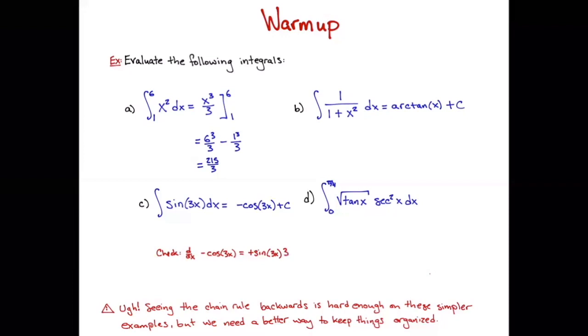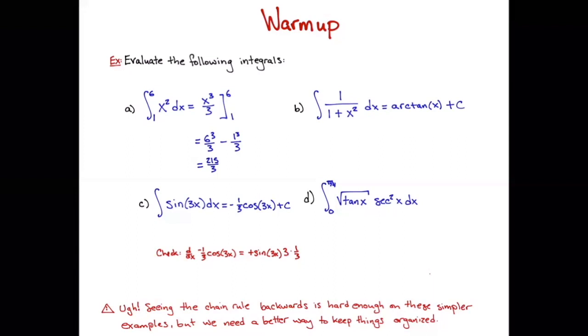And that's not what I want. So what I really want is a 1/3 to cancel with that 3. So if I'm going to multiply that by 1/3, I also need to multiply this by 1/3. And so the answer turns out to be minus 1/3 cosine 3x plus c.